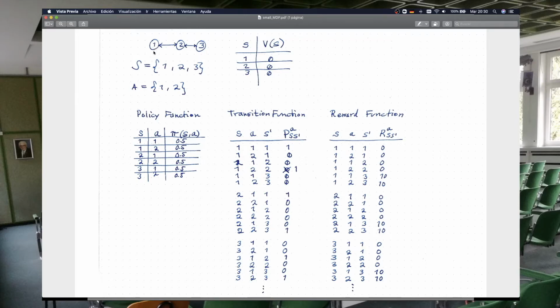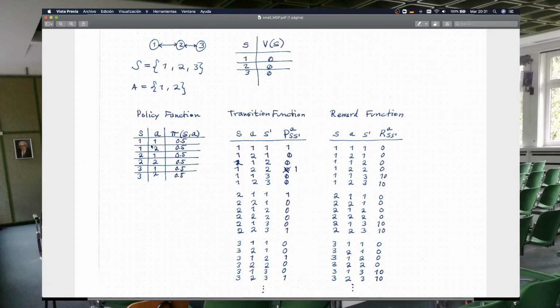Suppose that instead of having 2 actions, we had 4 actions, like going up, down, left or right. We need to give the same probability to all these 4 actions. So the probabilities then would be 0.25 to go up, 0.25 to go down, 0.25 to go left, and 0.25 to go right.